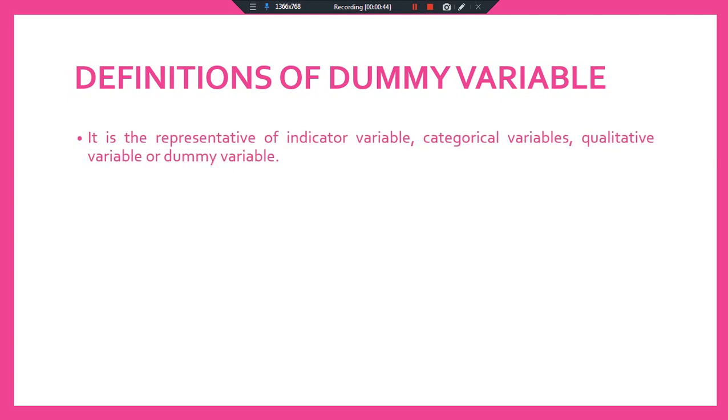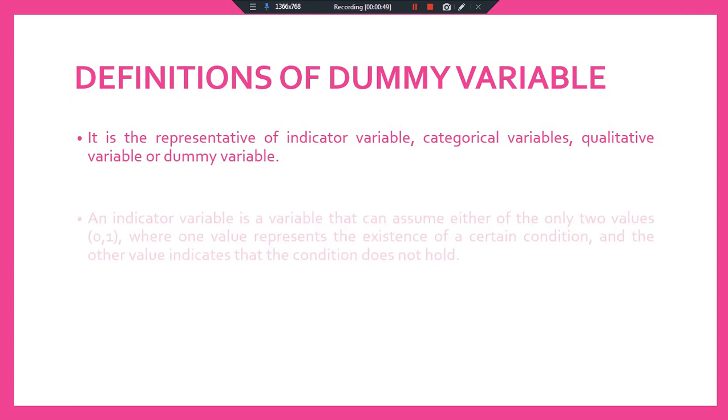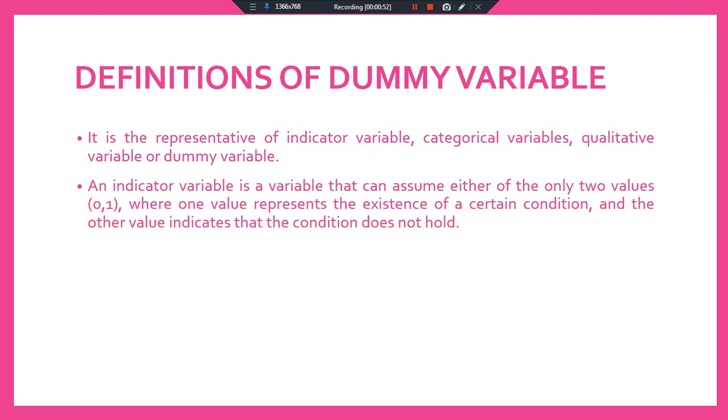It is also called an indicator variable, categorical variable, qualitative variable, or dummy variable. An indicator variable is a variable that can assume either of only two values like 0 and 1, where one value represents the existence of a certain condition and the other value indicates that the condition does not hold.